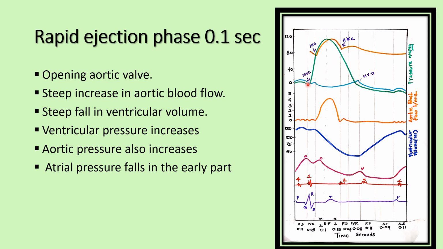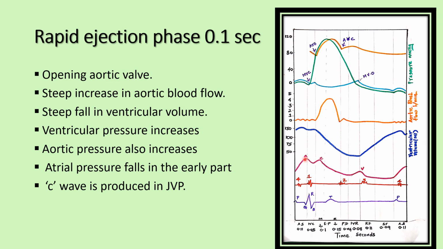Atrial pressure falls in the early part and later it slightly increases. The C wave is produced in the rapid ejection phase due to the bulging of the atrioventricular valve into the atrium, the right atrium.